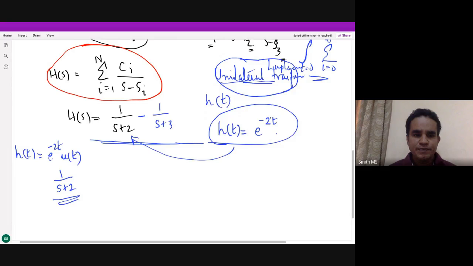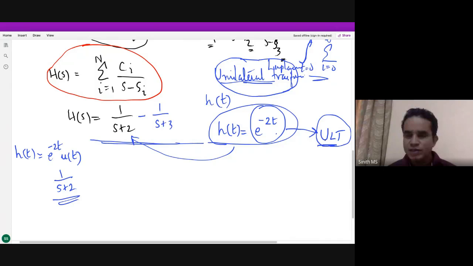Suppose you take the unilateral Laplace transform of e raised to minus 2t. There is no notation like this, but I just wrote it. If you find the unilateral Laplace transform of e raised to minus 2t, what will that be?